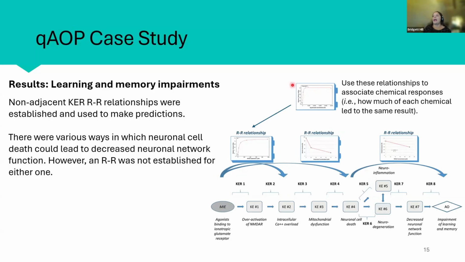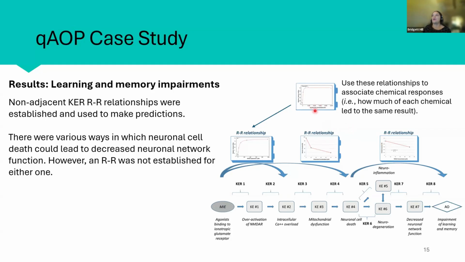I did want to highlight how the 2 dose response relationships were used in this example. So as I mentioned on the previous slide, this QAOP focused on a specific compound. And so what they ended up doing to test or increase the predictive capacity, they found the same endpoint for those two chemicals, and they used it to make predictions for other response relationships later on in the AOP, since it focused on that specific amino acid.